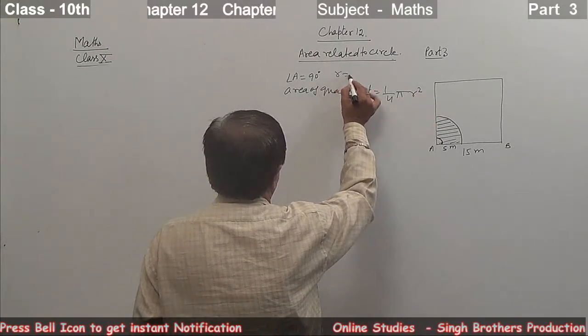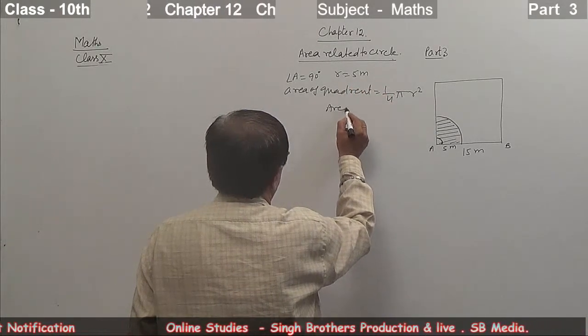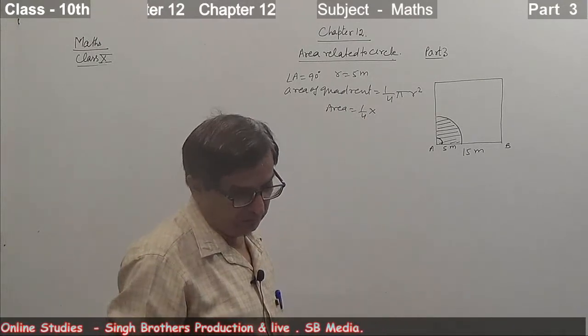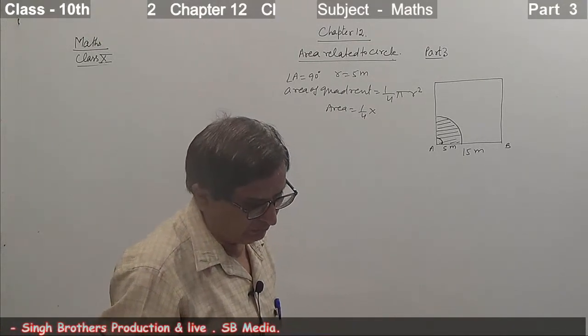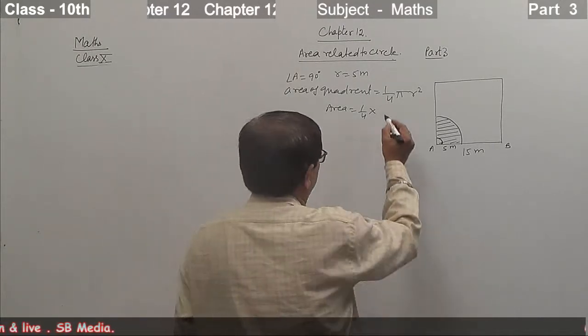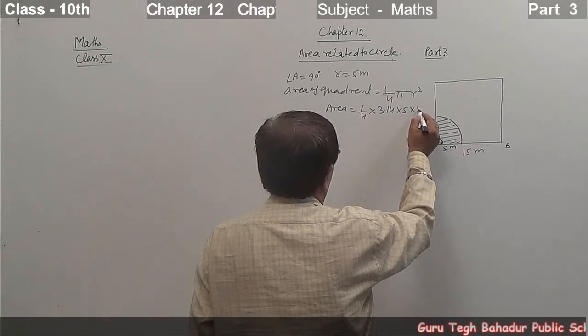The radius is 5 meters. So the area is 1/4 into 3.14. The value of pi is given as 3.14, into 5 into 5.